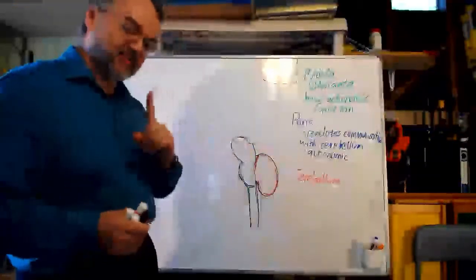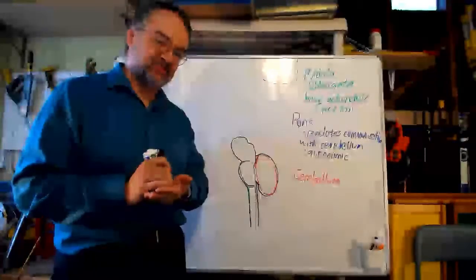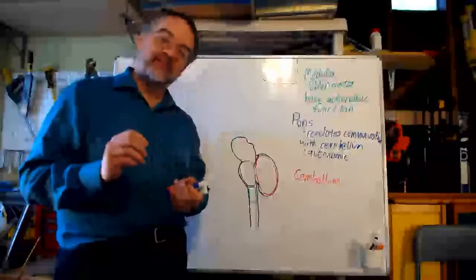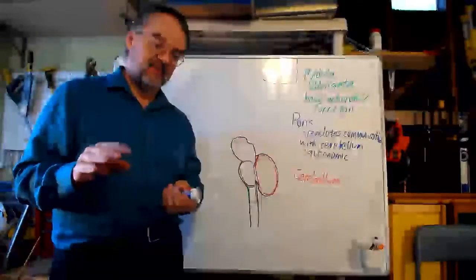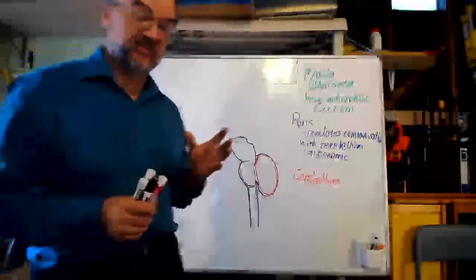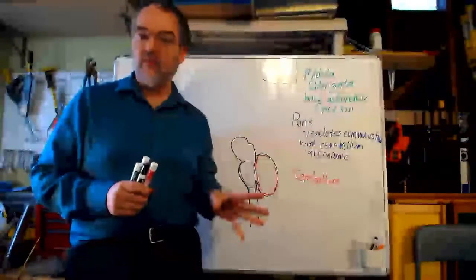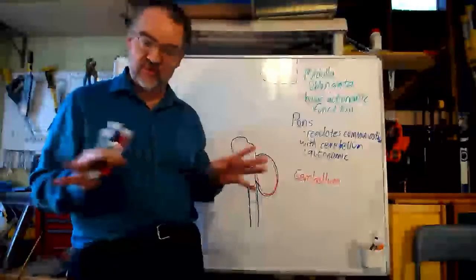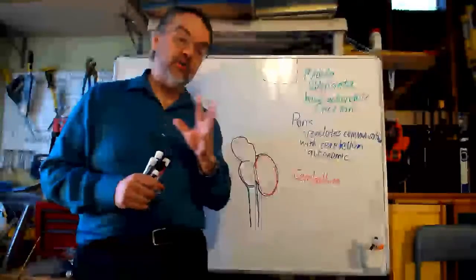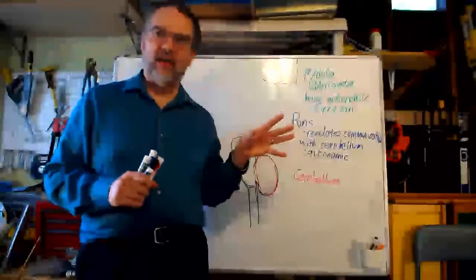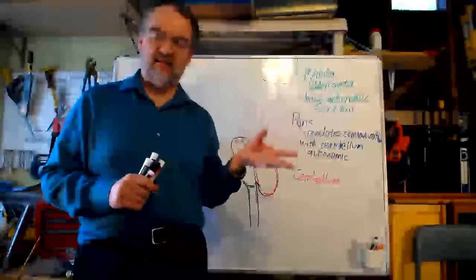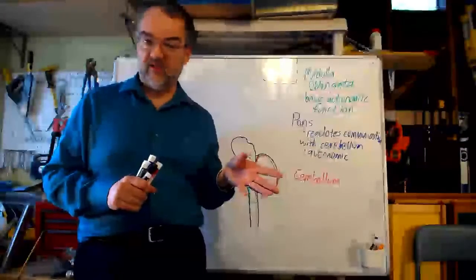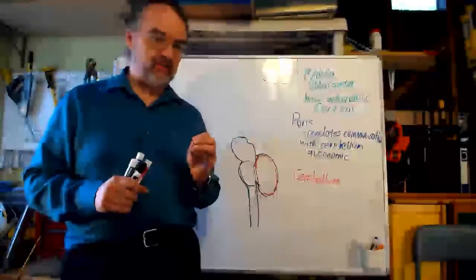The pons also has one other particularly interesting job, which is that it plays a role in sleep and dreaming. Now, dreaming is interesting. At this point, we still don't know why we dream. We still don't know why dreaming is so important to the human nervous system. We do know that I think all mammals, and I believe most animals, do dream as far as we can tell. But we still don't know exactly what it's for.